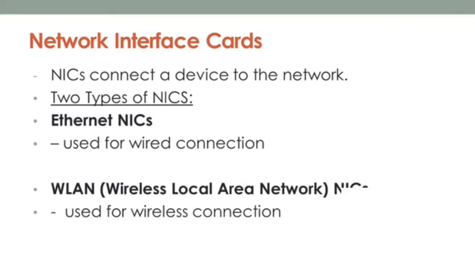Network interface cards, or NICs, connect a device to the network. There are two types of NIC: Ethernet NICs and WLAN, or wireless local area network. Ethernet is used for wired connections, and WLAN is used for wireless connections.